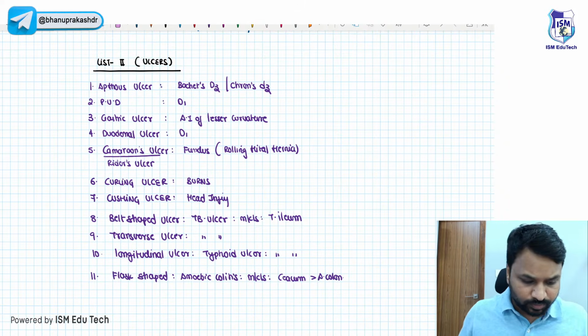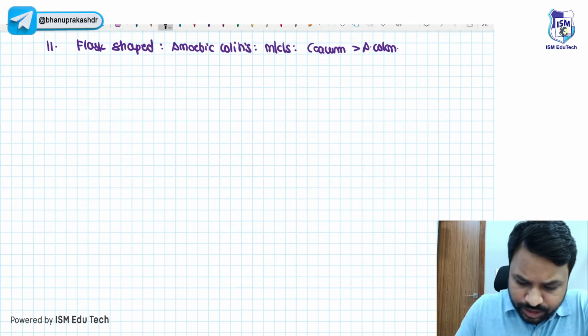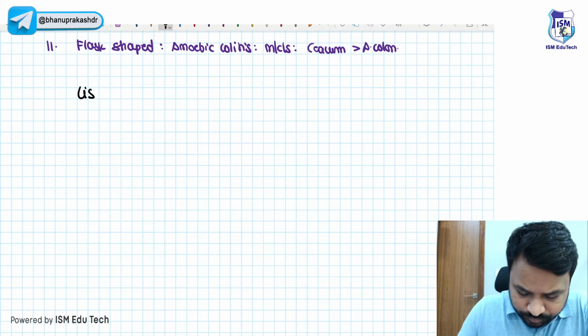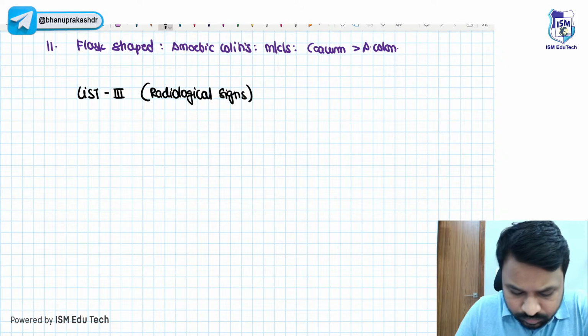Okay? Now, list number 3 is the radiological signs that you will see in GIT.